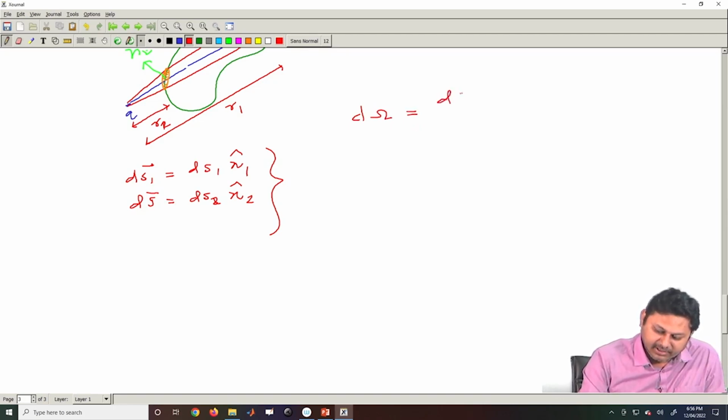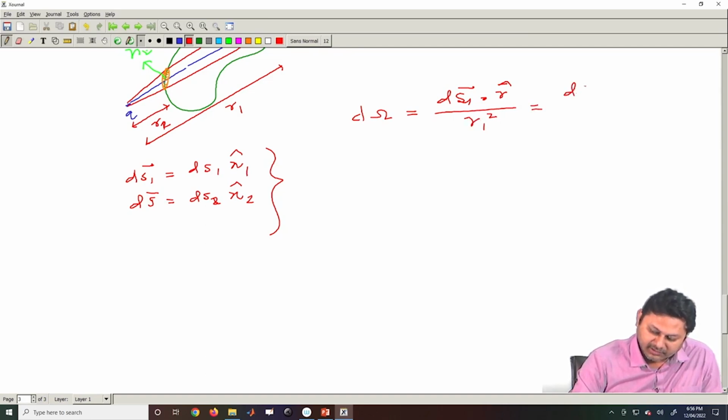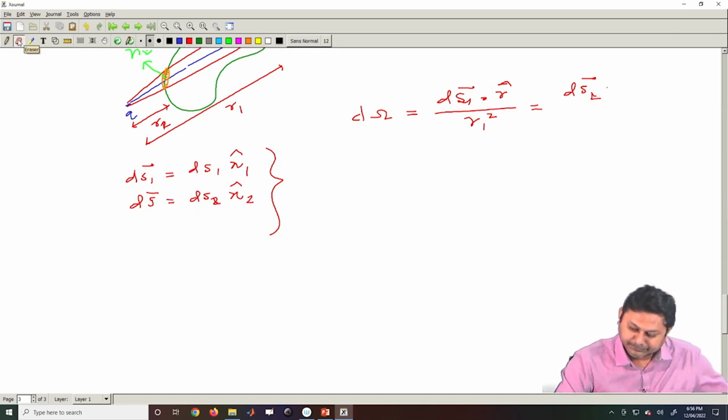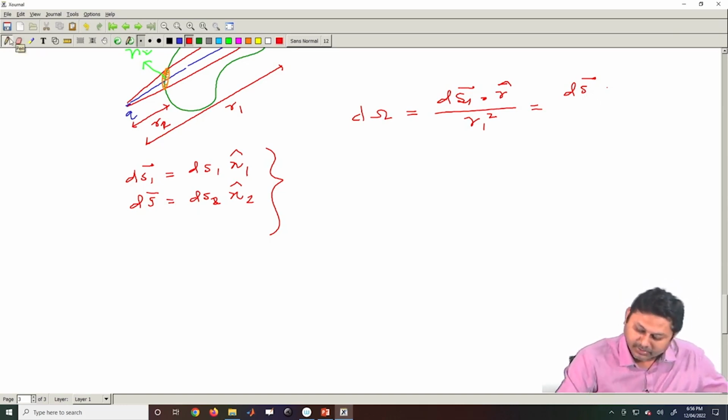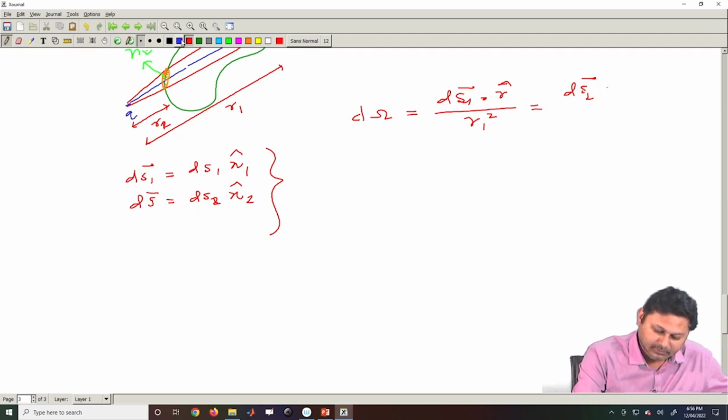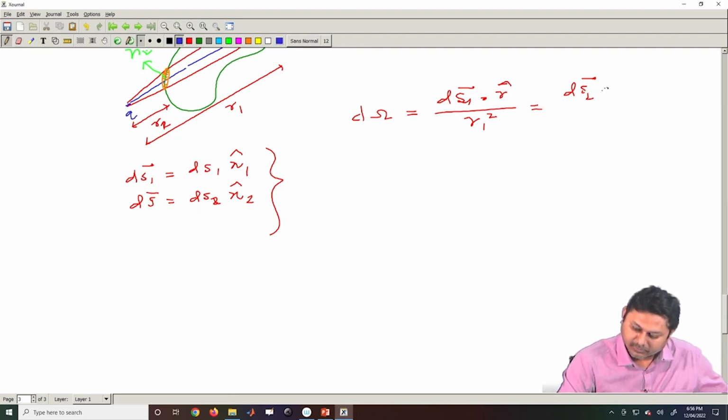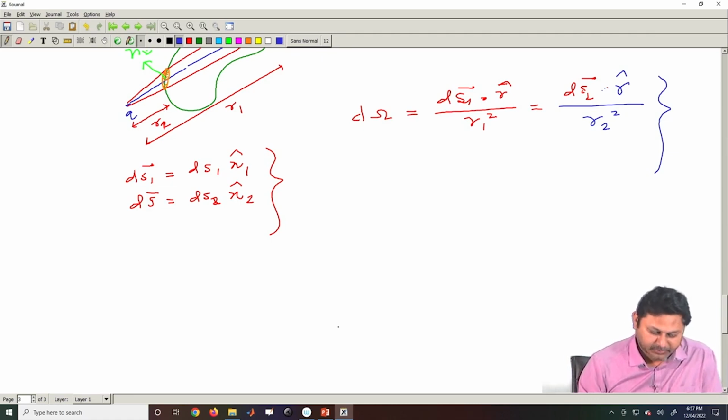So, I can write it as d s 1 vector dot r unit vector divided by r 1 square, which is again equal to d s 2 dot r unit vector divided by r 2 square, that quantity.